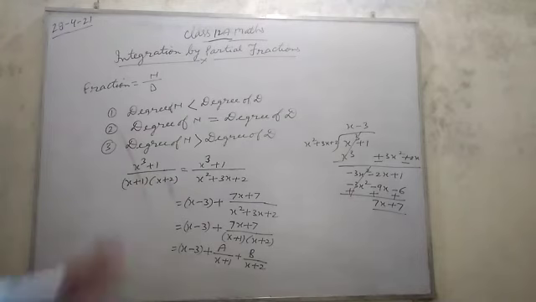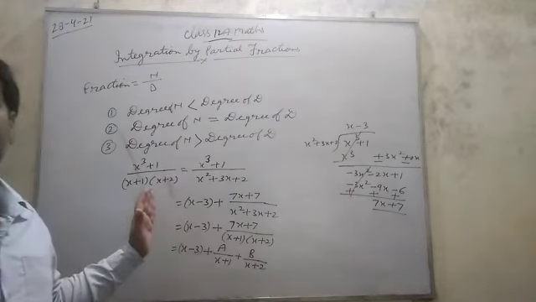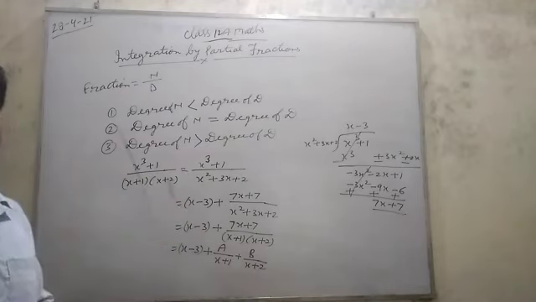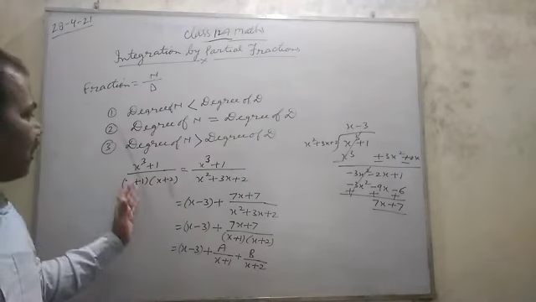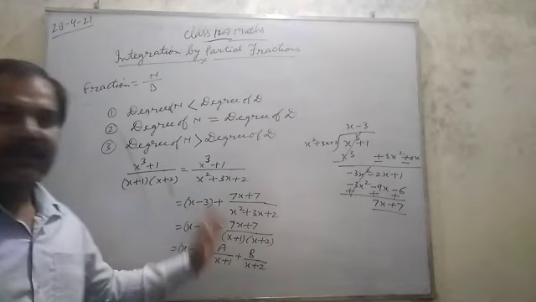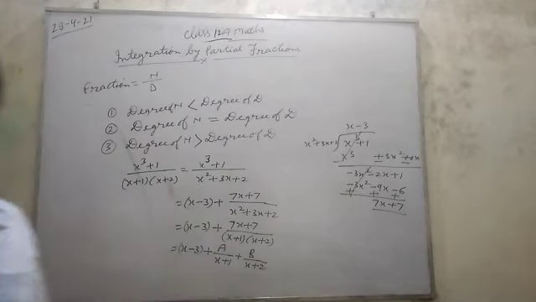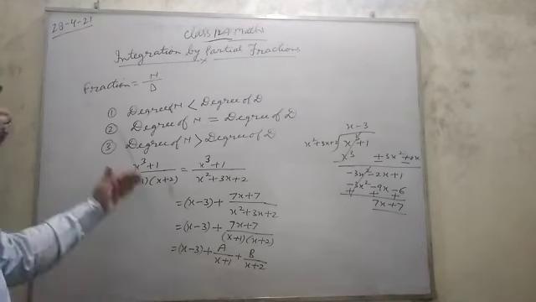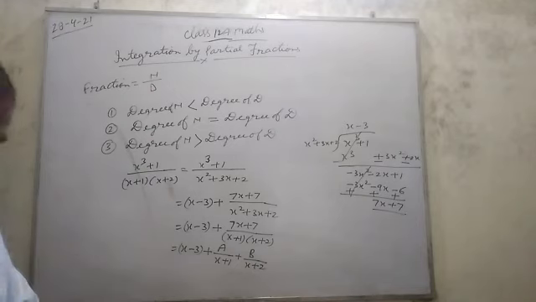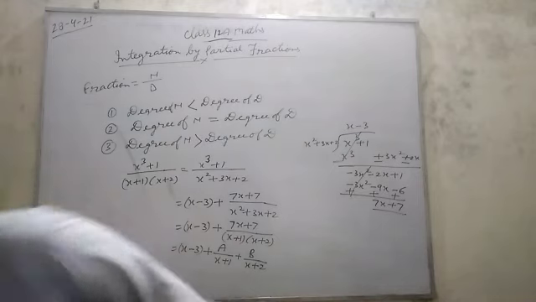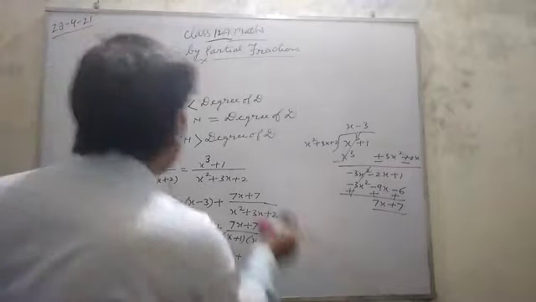Clear? First you break it into functions, after that integrate it, because without separating, without dividing into different functions, you cannot integrate. On page number 317 some forms are also given, so one time you see these forms also.